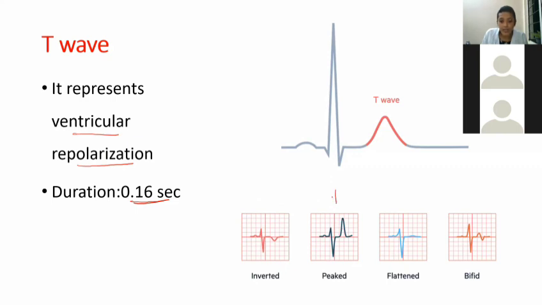Peaked T waves are present in an electrolyte imbalance, that is hyperkalemia. Hyperkalemia means an increased level of potassium in the blood. At this time, tall or peaked T waves will appear. You can observe it in the images. This is one of the major points: tall or peaked T waves are present during hyperkalemia.